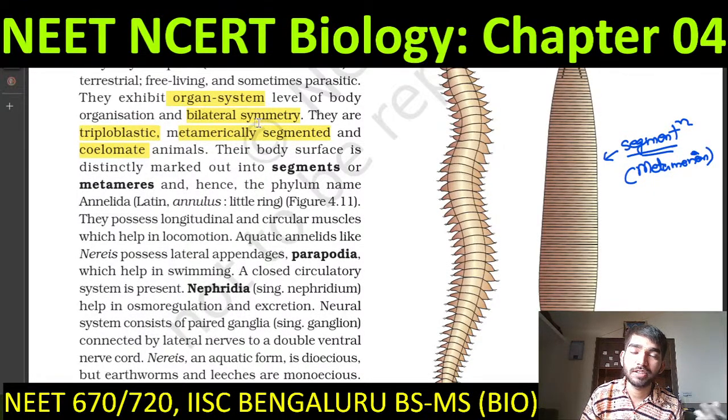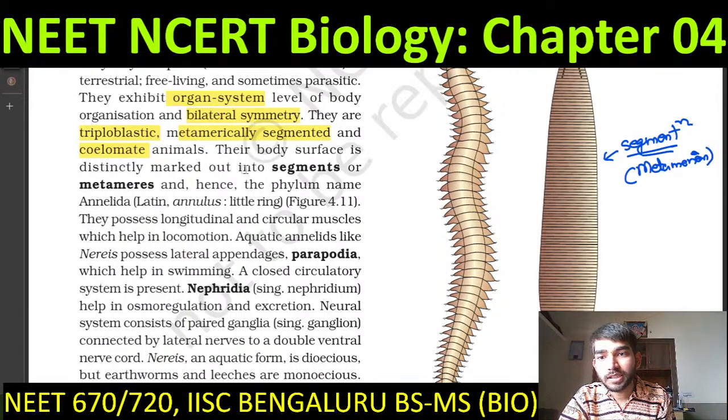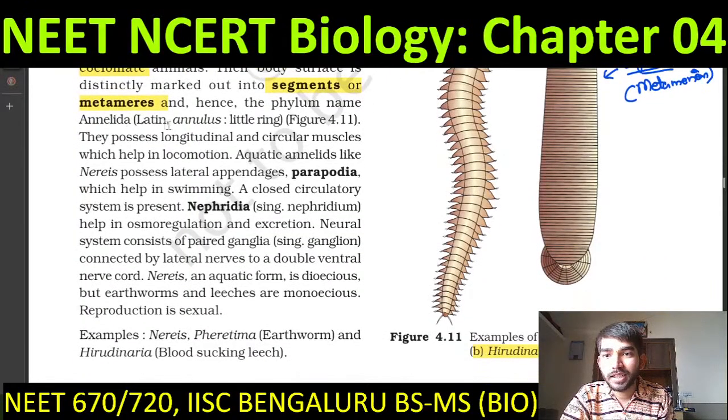It's later filled with other organs, but there is this true cavity formed by the splitting of mesoderm. The body surface is distinctly marked out into segments or metameres, exactly what I wrote here even before reading. Hence the phylum name Annelida, and they possess annulus meaning ring. Just short reminder, but they will not ask this directly, why it is called Annelida.